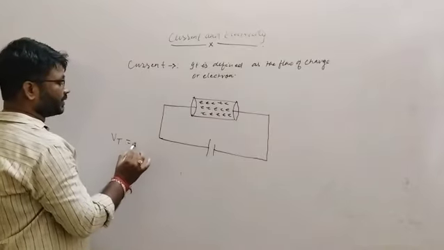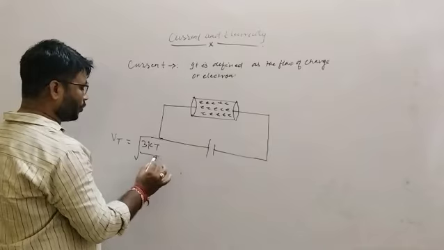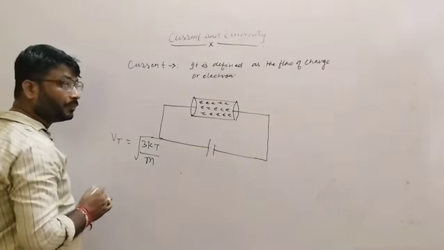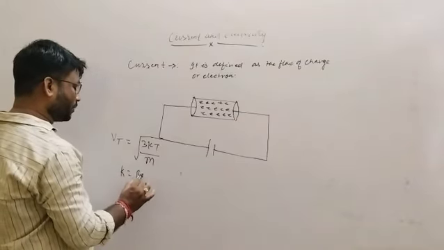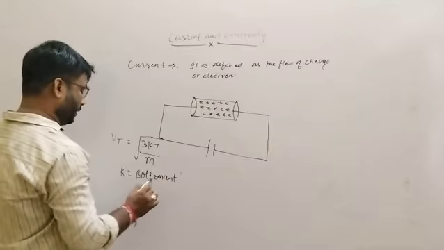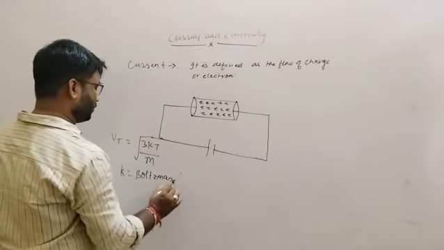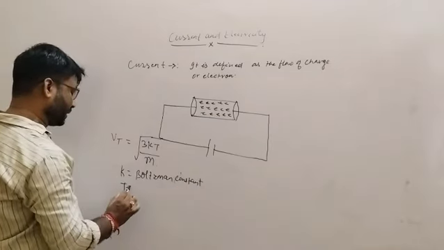This is called thermal velocity, given by the square root of 3kT by m. Here k is the Boltzmann constant, and T is temperature.